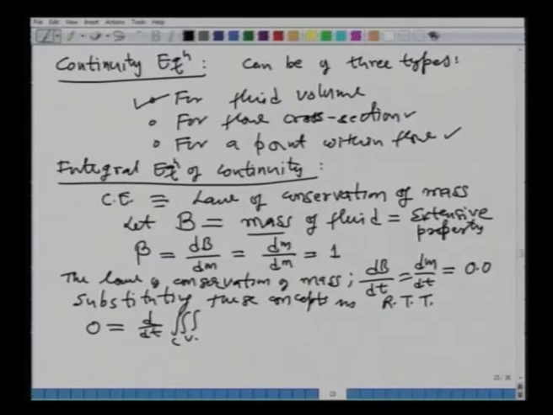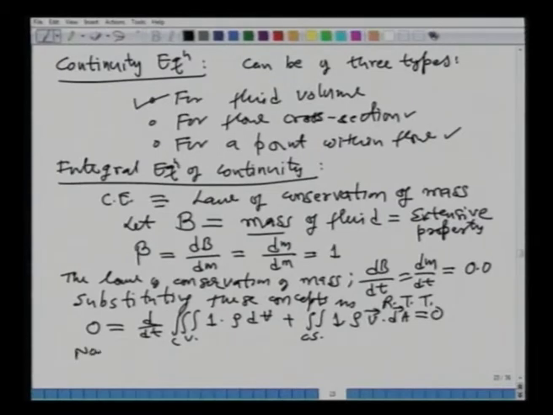So, you have 1 rho dV plus the extensive property, that is mass flowing across the control surface, that is the double integral over the cross section or the control surface, beta is 1, rho V dot dA, is equal to 0.